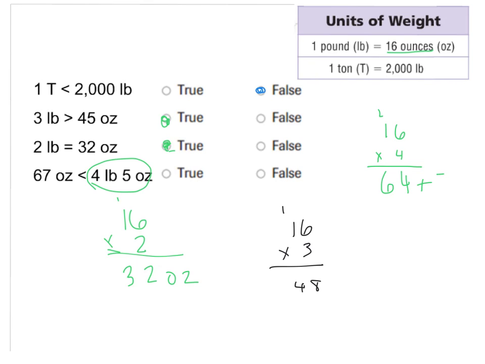But then I want to add my extra 5 ounces. So altogether, that would be 69 ounces. So let's look at our question. It says 4 pounds 5 ounces, which we know is 69 ounces, is greater than 67. And that is a true statement because 69 is greater than 67. I hope our answers matched.